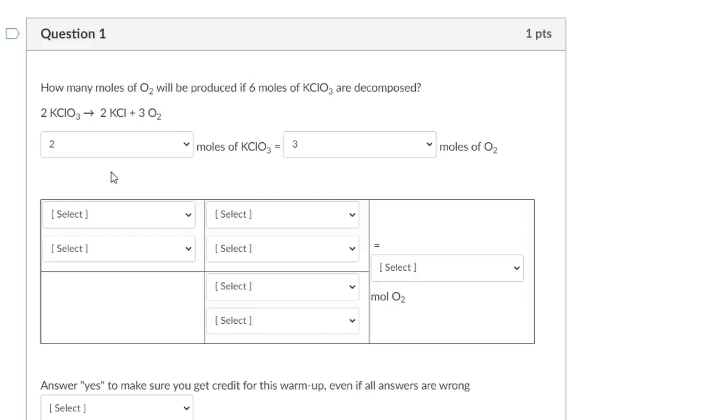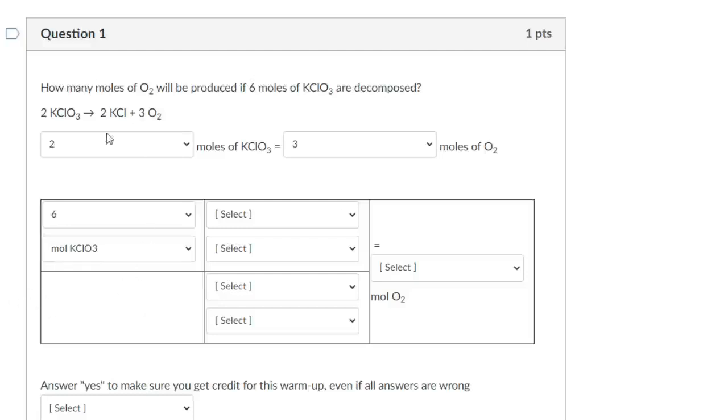So in this question, I have 6 moles of KClO3. That's a value with a unit. I'm being asked for moles of O2. I don't have a number of moles in my question. So 6 moles of KClO3 are my given. So I'm going to choose 6 moles of KClO3.